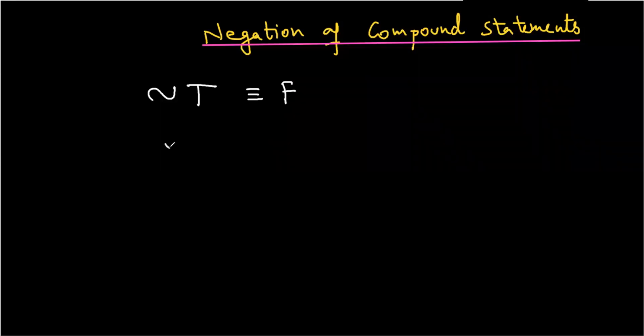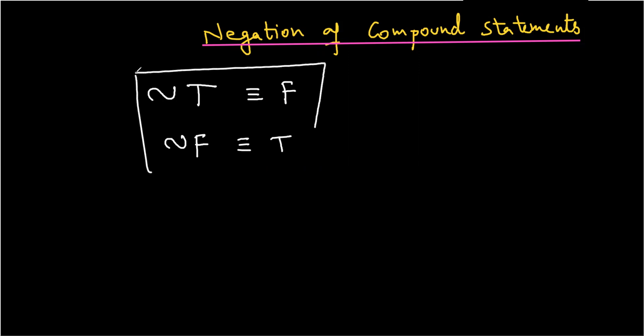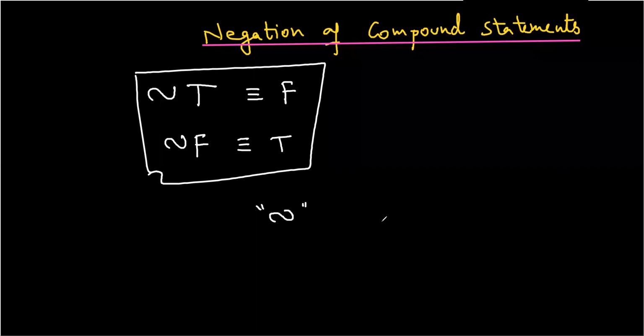If you have negation of false, then it is true. So what does actually negation do? If someone asks you what is the job of a negation connective, you have to say negation changes the truth value.